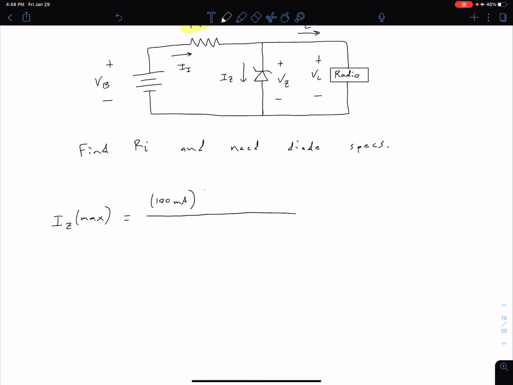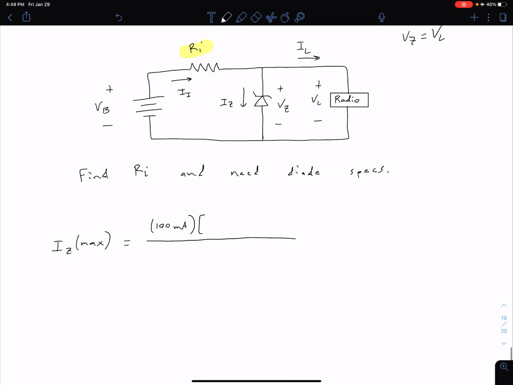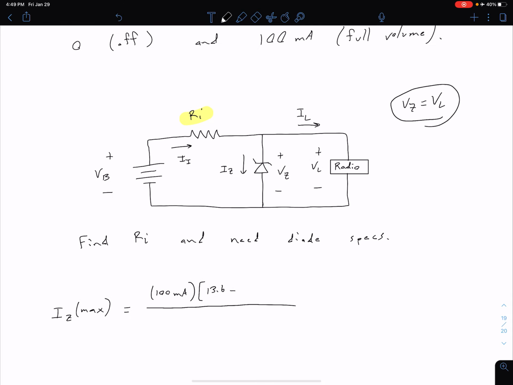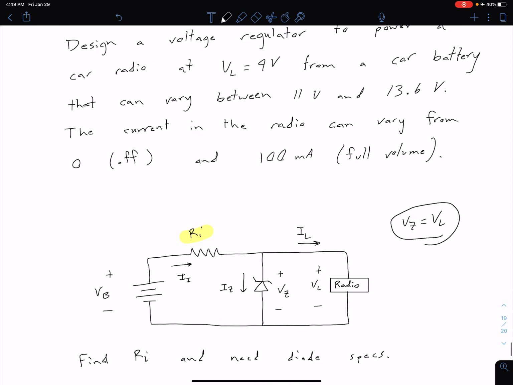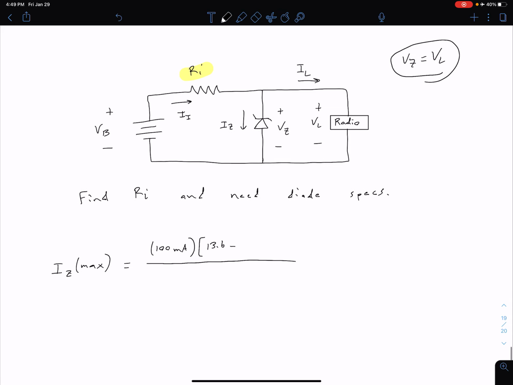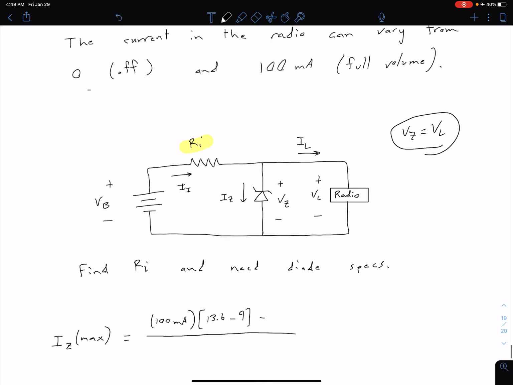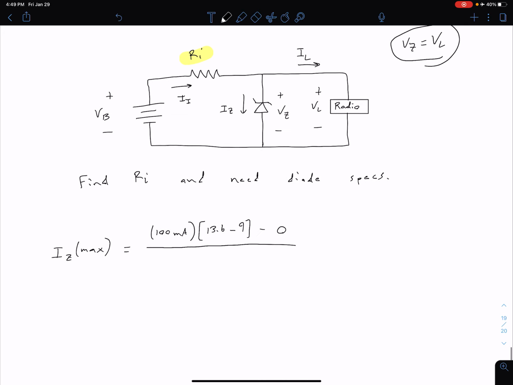We multiply that by the quantity of our VPS max, which in this case is VB, so 13.6, minus our VZ. VZ wasn't explicitly given, but VL was, and we know VL is equal to VZ, so that is 9. Then minus IL min times a bunch of stuff, but our IL min is 0, so that whole second term just goes to 0.